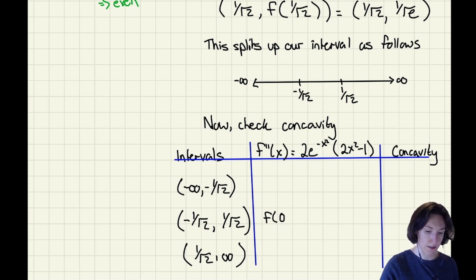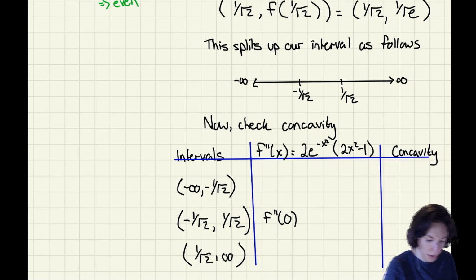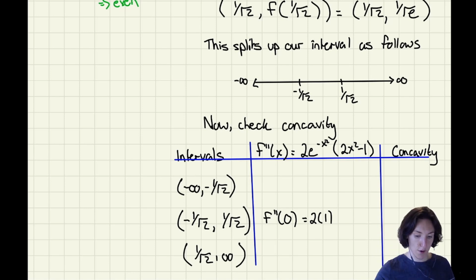I'm going to use this as an opportunity to do 0. So we're going to get basically 2 times 1, because we're going to get e to the power of 0. And then I'm going to get 2 times 0 minus 1. So this value is going to be negative. So we have that it's concave down.